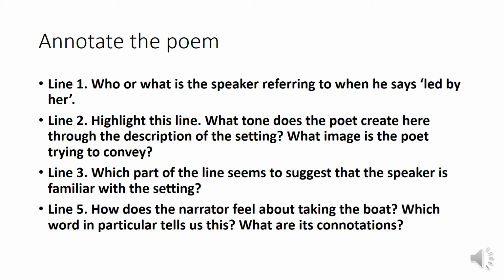A troubled pleasure. That is an oxymoron, isn't it? Because they're two opposite words put together. A pleasure shouldn't be troubled. Now, he was certainly pleased about stealing the boat, but he knew, didn't he, right at the start of the poem, it wasn't the right thing to do. He knew it was wrong because it was a troubled pleasure.